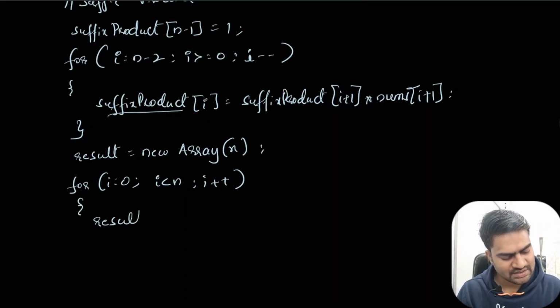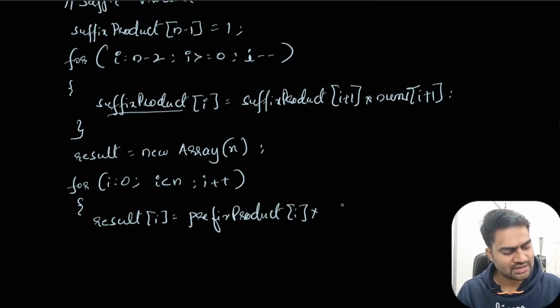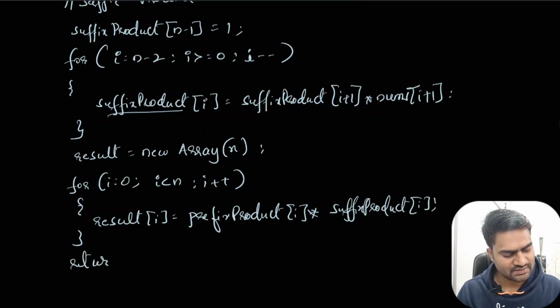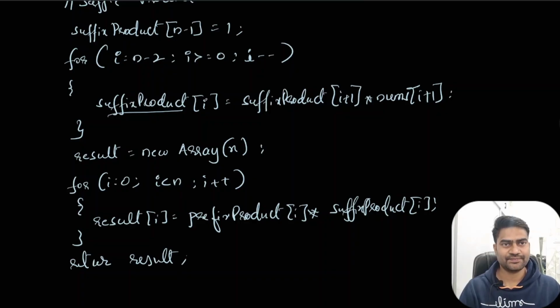So result of I equal to prefix product of I into suffix product of I, and finally I will return my result.